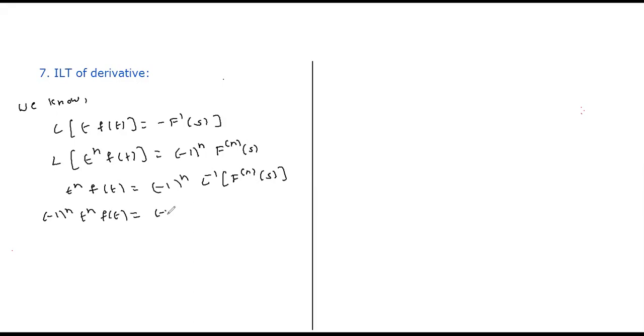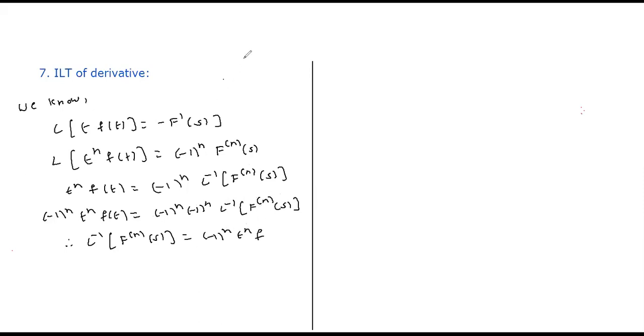Minus 1 whole power n into minus 1 whole power n is minus 1 whole power 2n, which is 1. Therefore, L inverse of the nth derivative of a function is minus 1 whole power n into t power n into f of t.